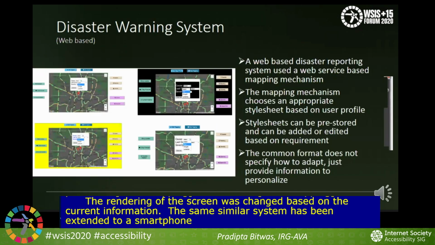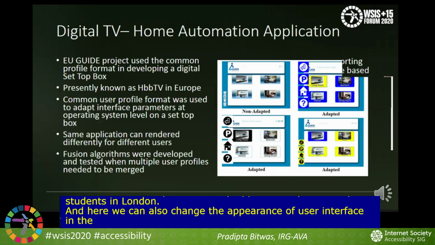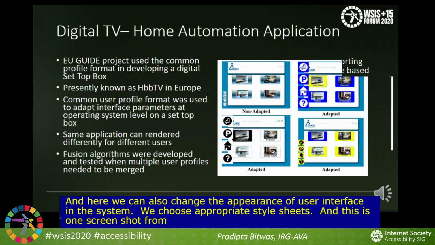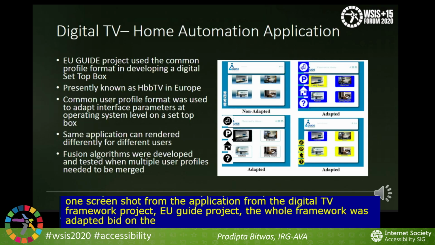Here we are also changing the appearance of the user interface for a web-based system, which we integrated by choosing appropriate style sheets. And this is one screenshot from a home automation application for our digital TV framework project, the EU GRITE project, in which the whole digital TV framework was adapted based on the user profile format. By adaptation, we mean the spacing among icons, the color contrast, the font size, and so on.